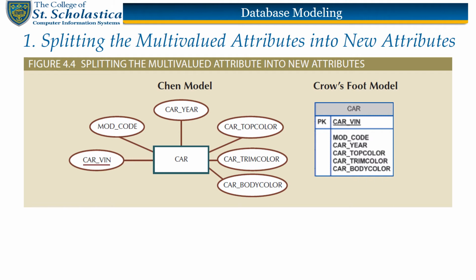So, if multi-valued attributes exist, the designer must decide on one of two possible courses of action. One, within the original entity, create several new attributes, one for each component of the original multi-valued attribute. For example, the car entity's attribute car_color can be split to create the new attributes car_topcolor, car_bodycolor, and car_trimcolor, which are then assigned to the car entity.